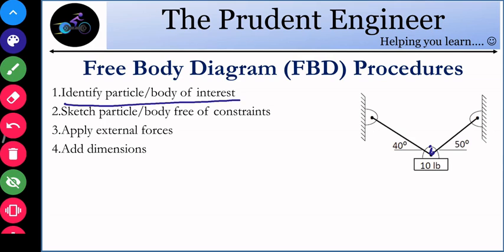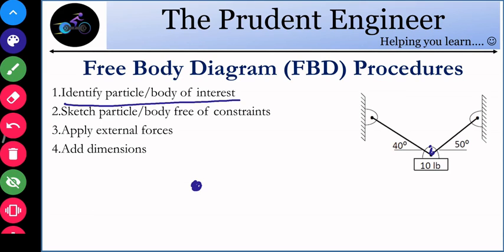There is a cable running towards the left at an angle of 40 degrees. There is another cable passing through the same point running towards the right at an angle of 50 degrees, and there is a weight of 10 pounds. So if I draw this point here, we are taking this point as the point of interest because all the cable tension is passing through this particular point.